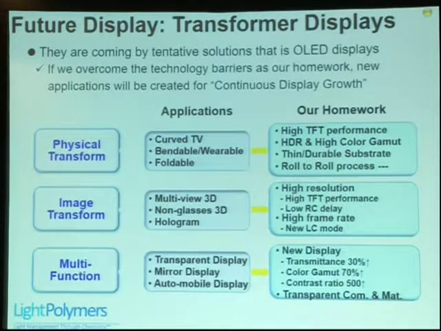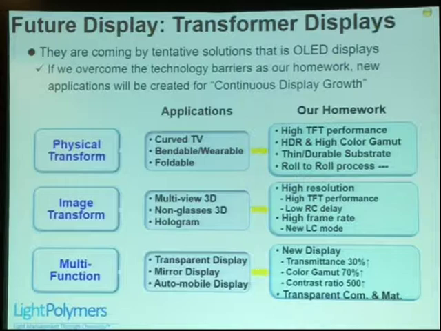Also, there are many technology barriers which we should solve as our homework. For the physical transform, we need high TFT performance and also high density range, high color gamut, also a thin and durable substrate and the roll-to-roll process to reduce the cost.